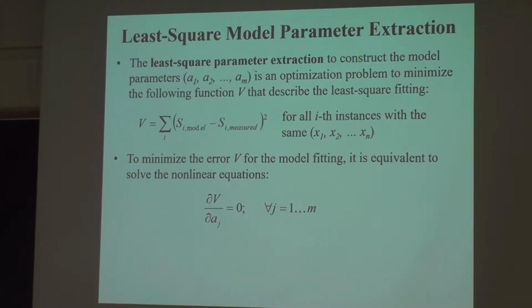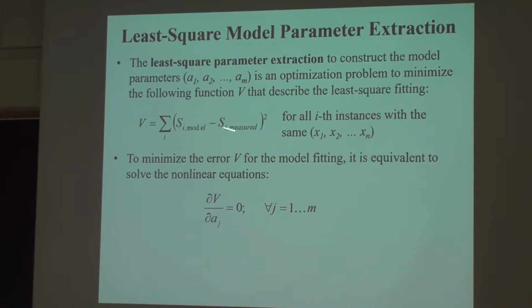But S model remains symbolic at this stage because I cannot compute it yet, because I don't know the value of all the parameters. I can guess, but that remains as an initial guess. It is not settled yet. So I know that the model will describe this measure by minimization of this V, right?